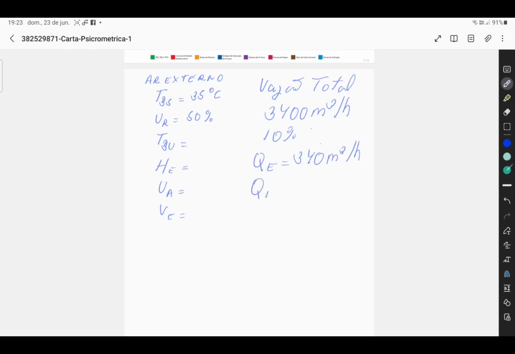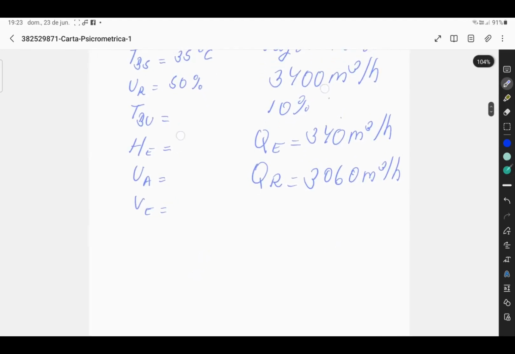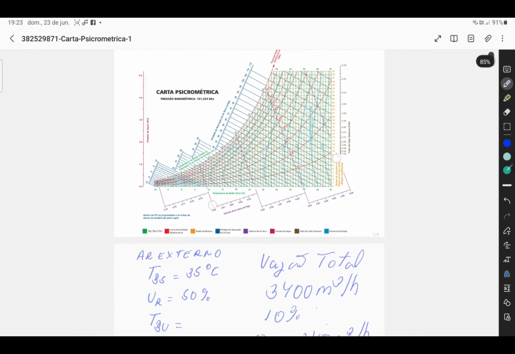Okay? Then let's mark this point of the outside air on my psychrometric chart, so 35 degrees. I'm going to draw a line until I find the 50% curve, and I mark my point here. I'm going to erase this line, and now I mark my point here. So what is my wet bulb temperature?